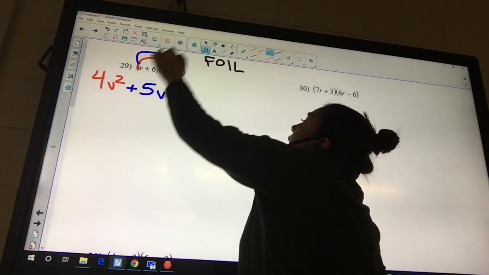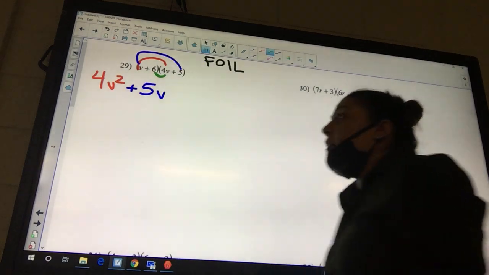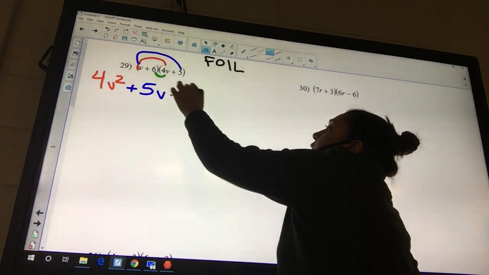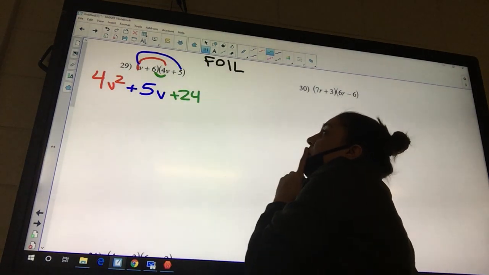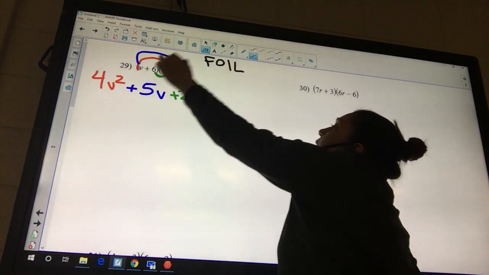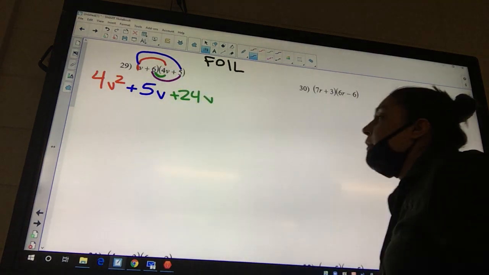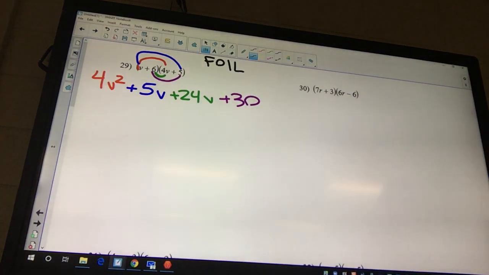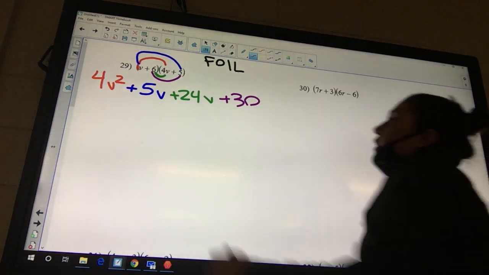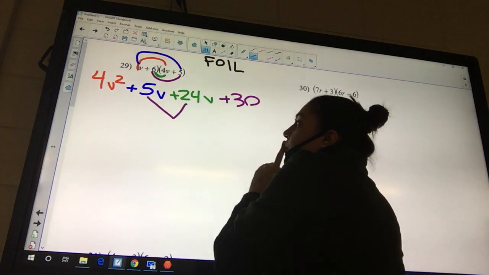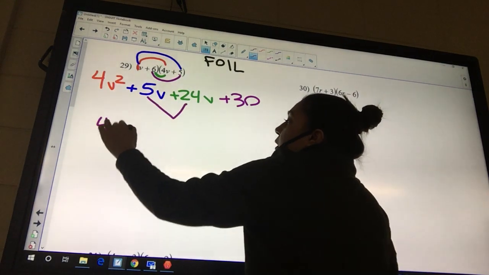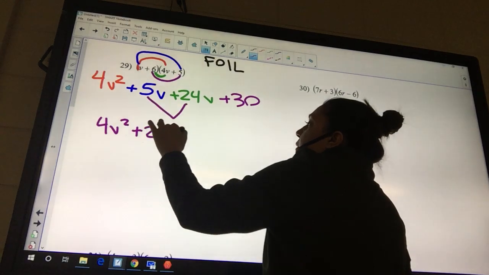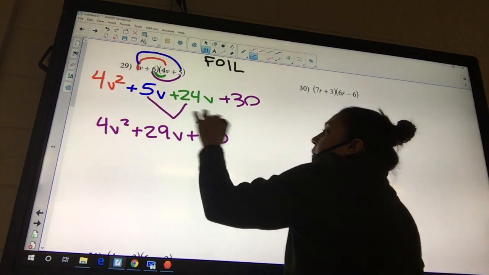The inner, 6 times 4. 24. How many V's? 1. And then the last. 6 times 5. 30. How many V's? None. Okay, so it says to FOIL and then combine like terms. What can we combine? 24V and a 5V to give me what? Yeah, so it's going to be 4V squared plus 29V plus 30.